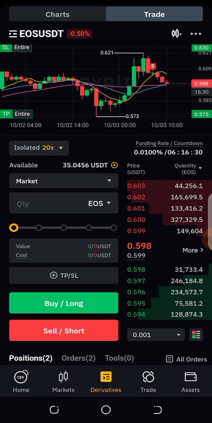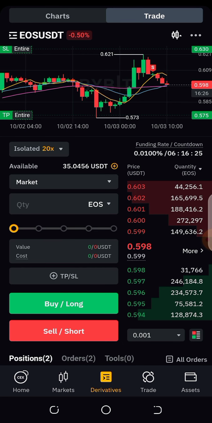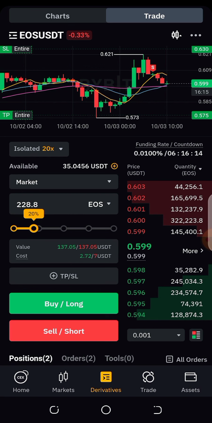Then the next thing for me to select here is, in Binance you can select your take profit and stop loss before putting your amount, but in Bybit you have to first select the amount you want to use to trade. So here let me just toggle this on, and I may select $6.22.